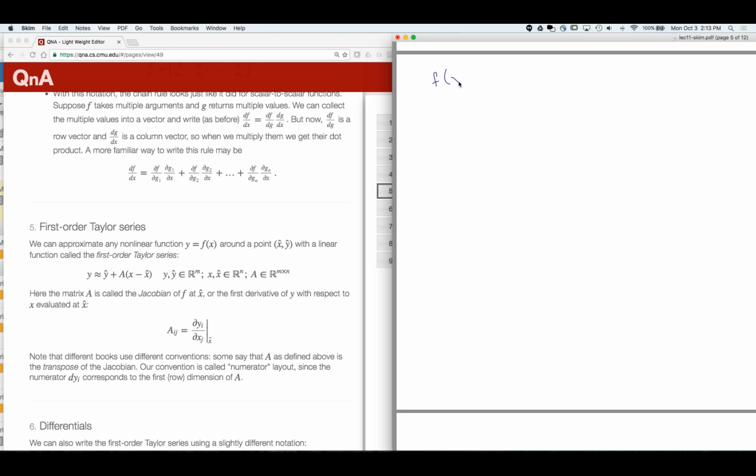so again we have f of g of x, where x is equal to the vector x1, x2, right?